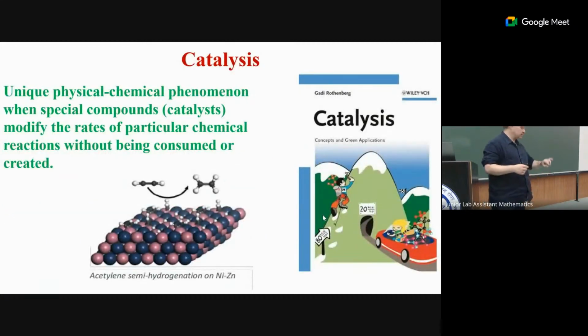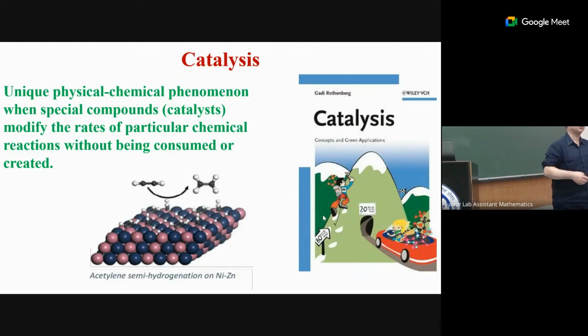Good. So let us talk about something else related, which is catalysis. Catalysis is an extremely important concept. We will have one more lecture where we'll talk a little bit more about catalysis. Catalysis is a unique physical-chemical phenomenon where you add some compound to your chemical reaction. Suppose you have a slow chemical reaction.